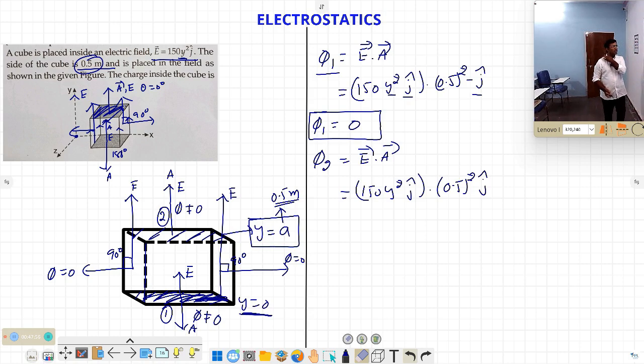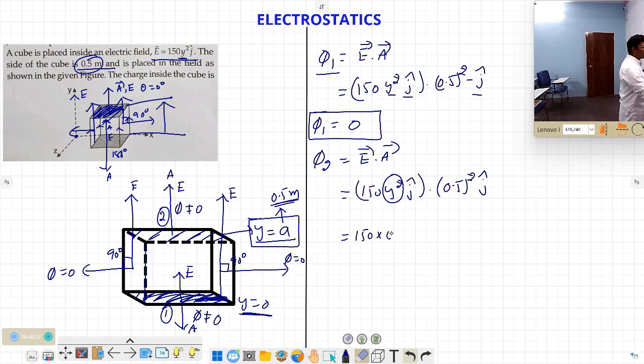What is the y value for the top face? It is at a height from here to here, which we already took as y equal to a, that is 0.5. So that is 150 into 0.5 whole square j cap dot 0.5 whole square j cap.